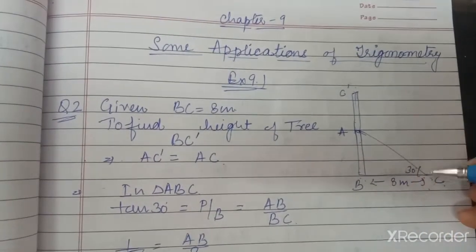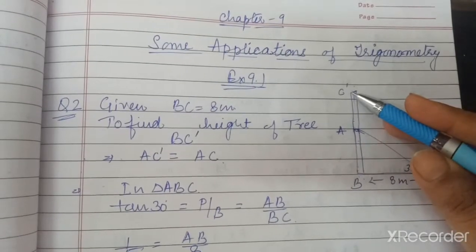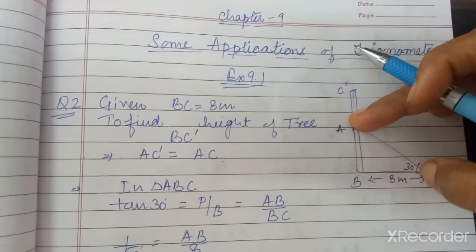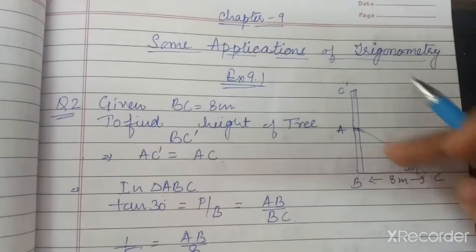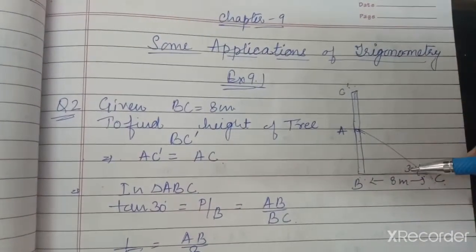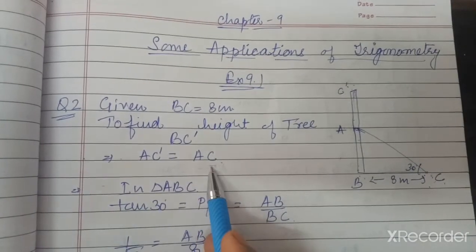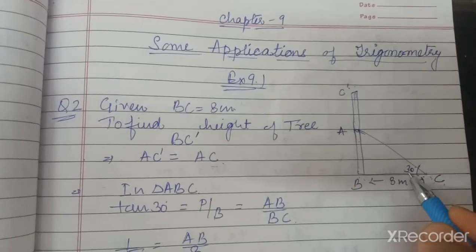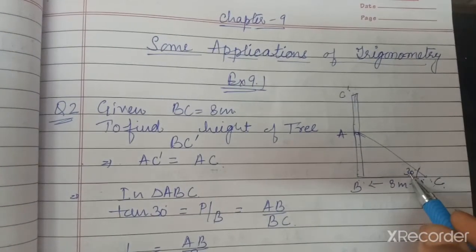So AC and AC dash are equal. Why? Because this one part is the same, the broken part that bent down and touches the ground. So AC dash and AC are equal, and it makes an angle of 30 degrees with the ground, so this is 30 degrees.